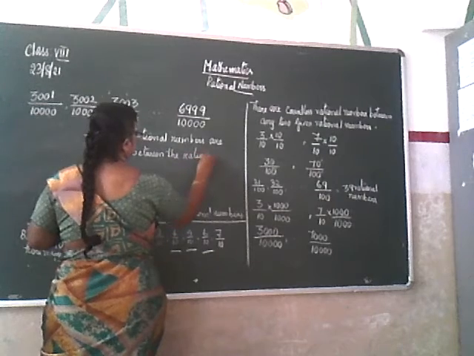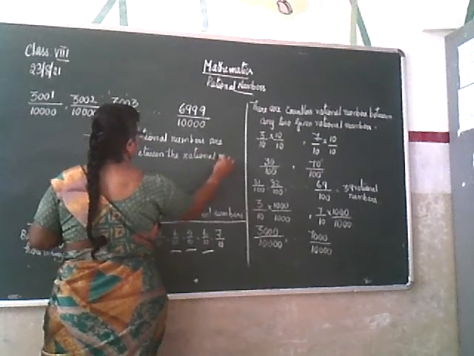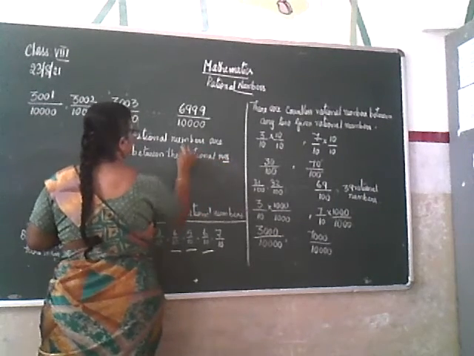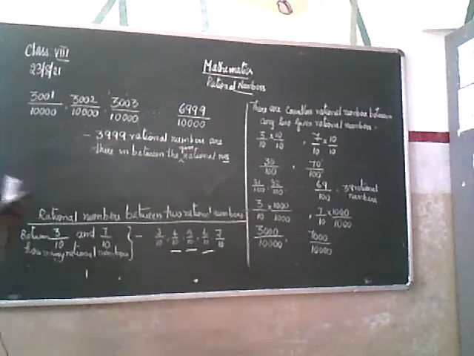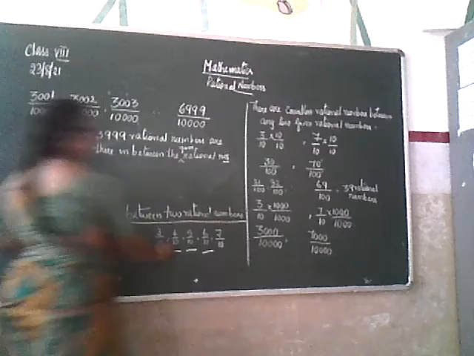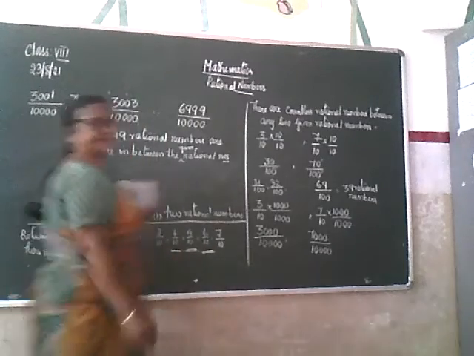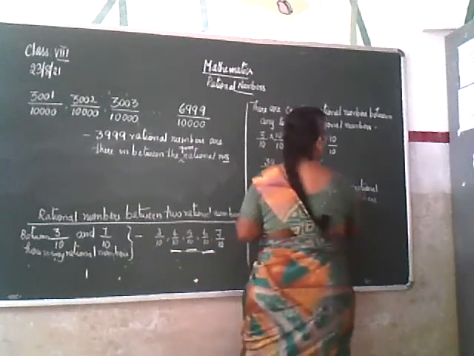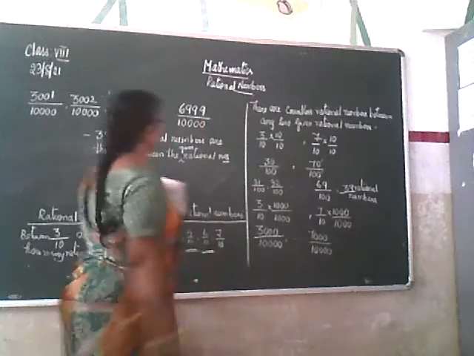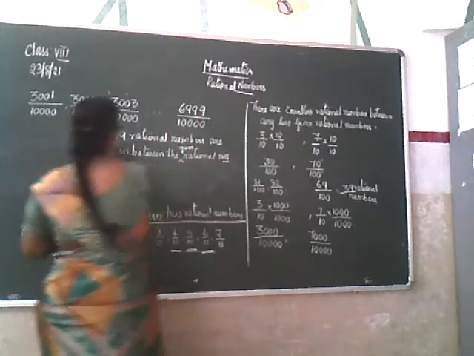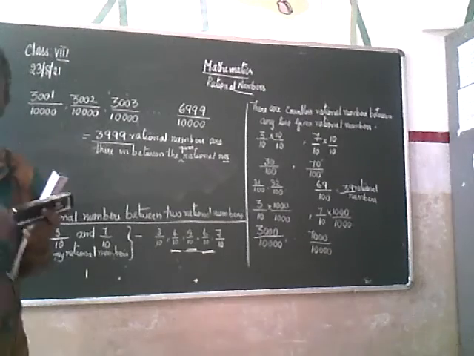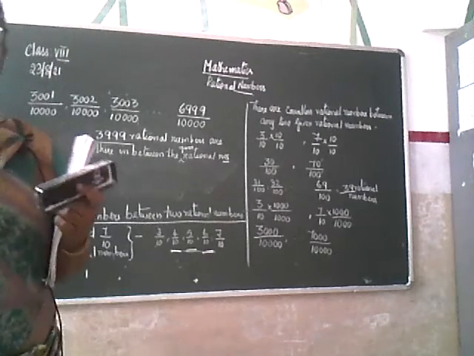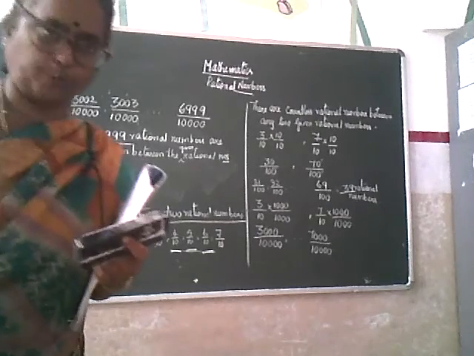First we said only 3 are there, after that we said 39, after that 3,999. If I multiply by 10,000, again it will become more, isn't it?